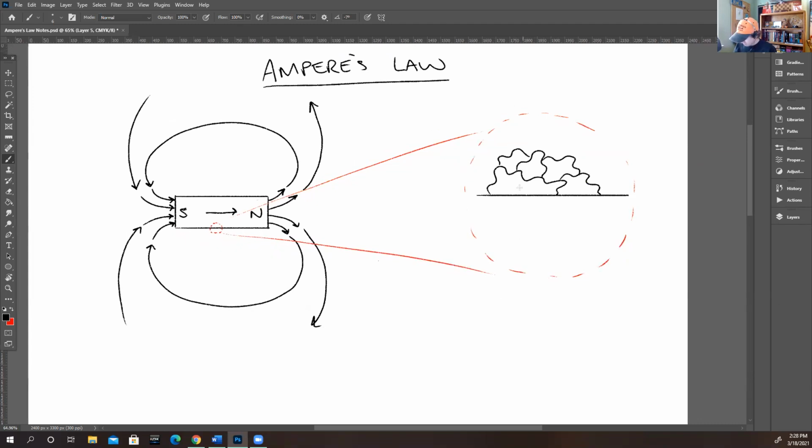Looking in a bit more, to simplify everything, I don't want to draw all of the protons. I'm just going to say the nucleus is one big positive thing, and I'm going to make this one electron, like that.